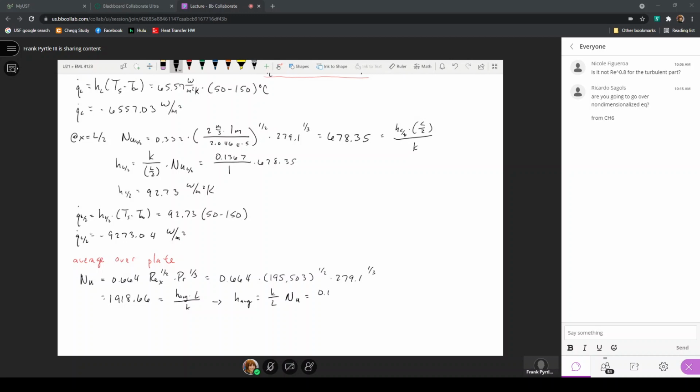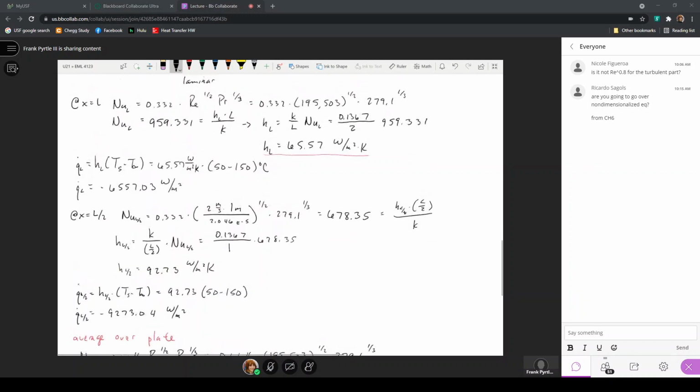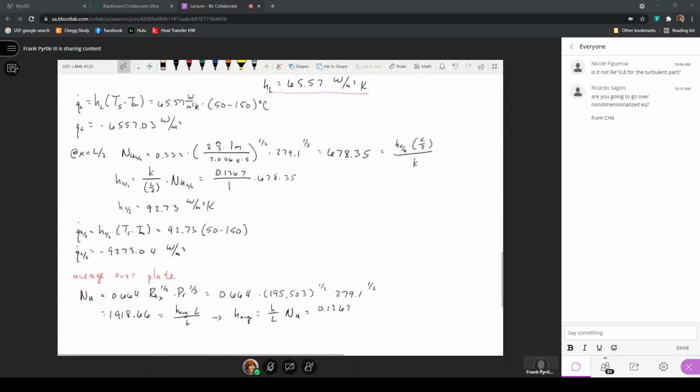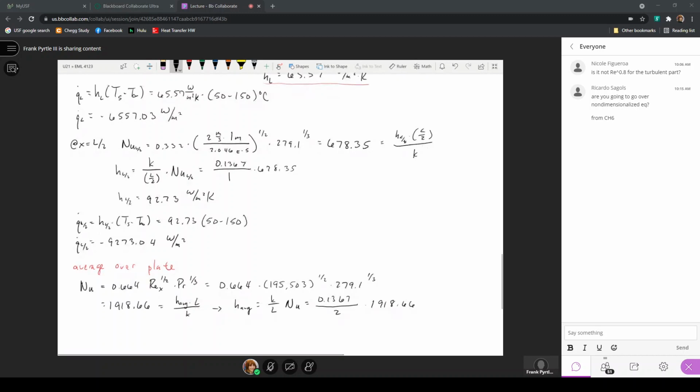Here the thermal conductivity is still 0.1367 watts per meter Kelvin. At that position, the end of the plate, L is 2 meters, times this average Nusselt number, 1,918.66.